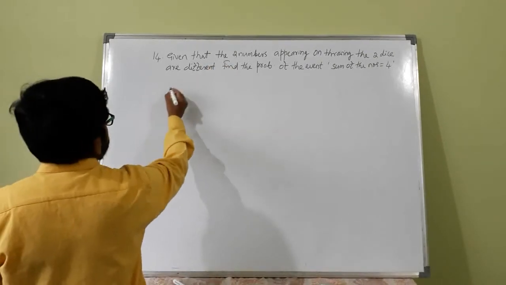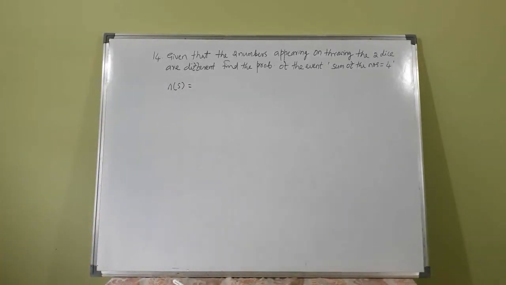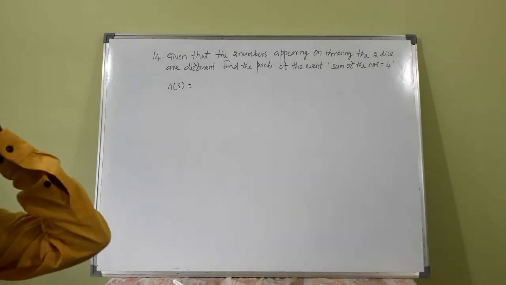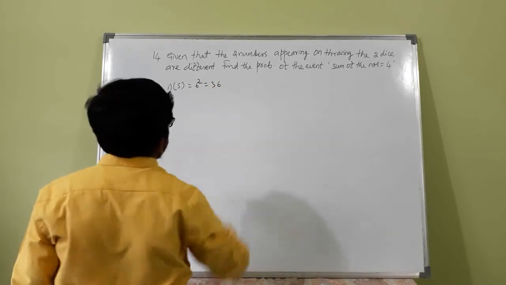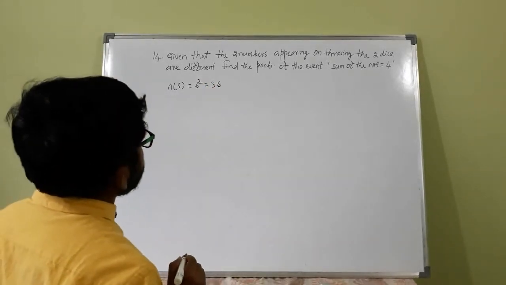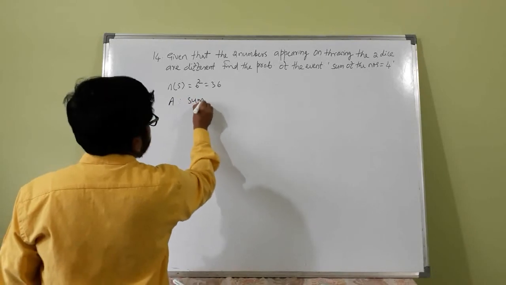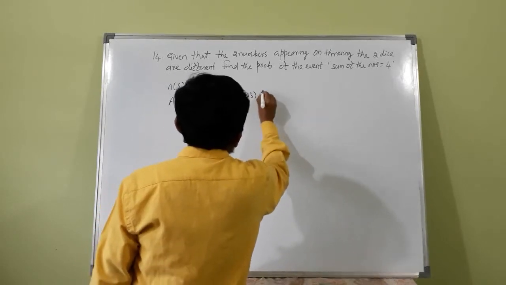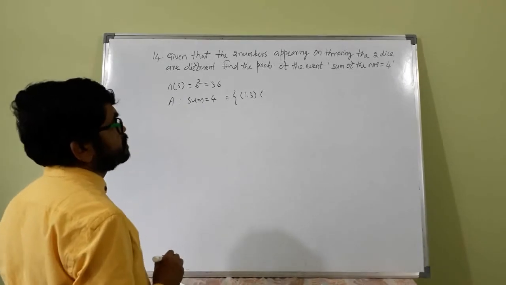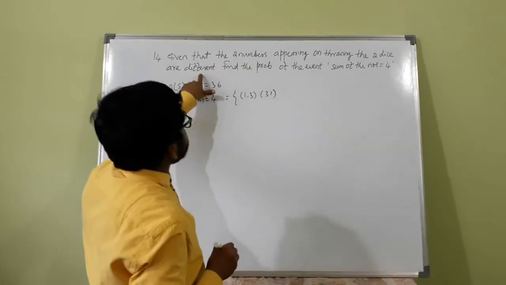S is 1,1, 1,2, 1,3, so on up to 1,6, 2,1, 2,2, 2,3, so on up to 2,6, 3,1, like that, 6,1, 6,2, so on up to 6,6. Totally 6 squared is equal to 36.